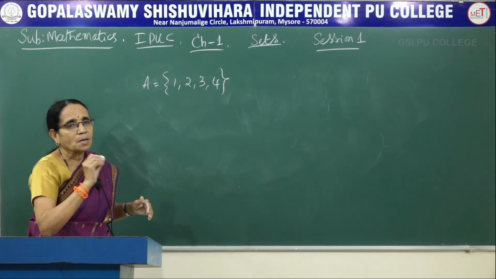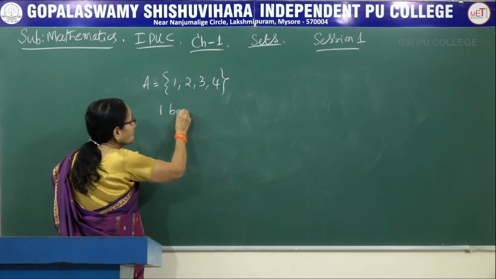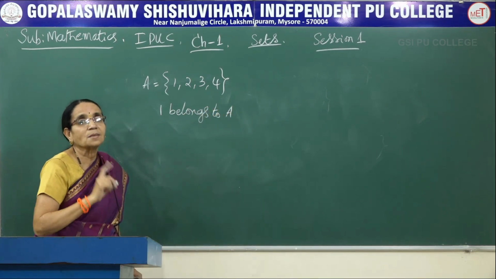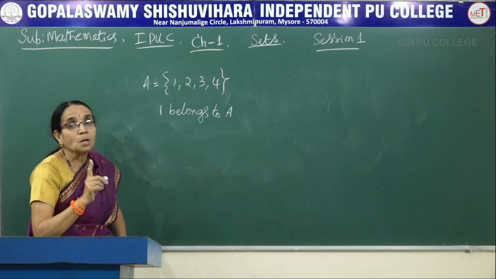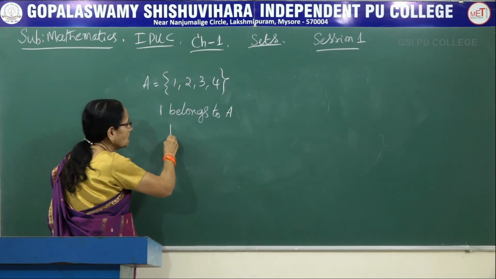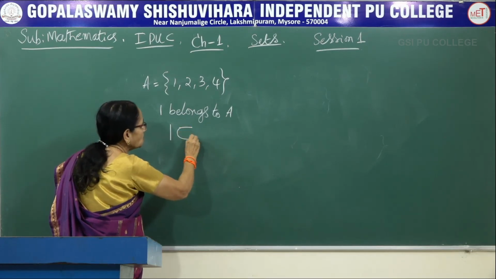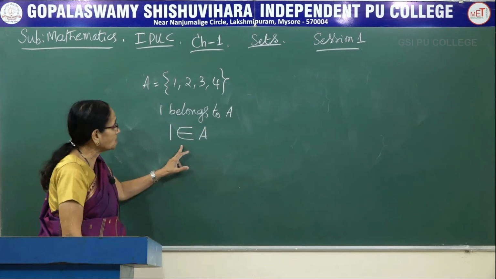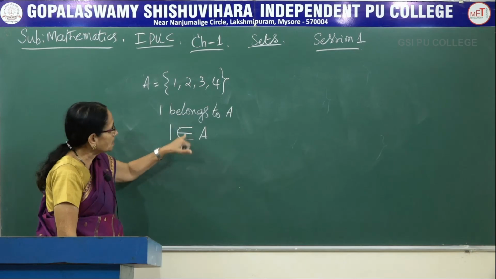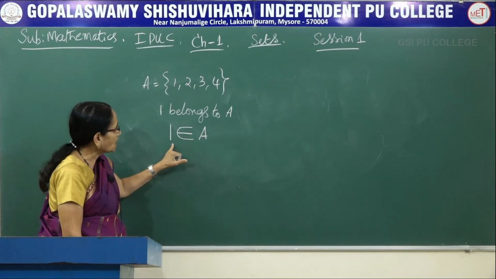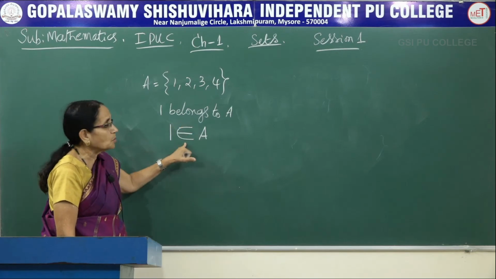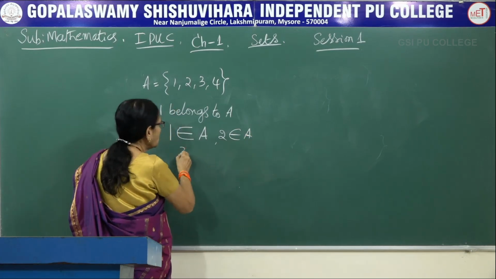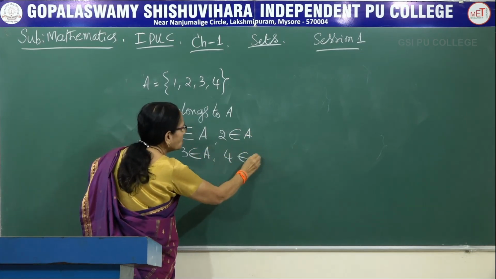Mathematically we use the words 1 belongs to A. We don't say 1 is in the set A. We use the words 1 belongs to A, and this is the notation we have to use. Remember these notations properly. We read it like this, 1 belongs to A, and this is the notation for the words belongs to. So I can write 2 belongs to A, 3 belongs to A, 4 belongs to A.